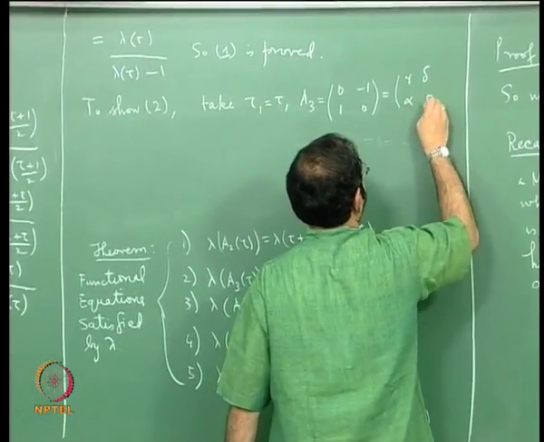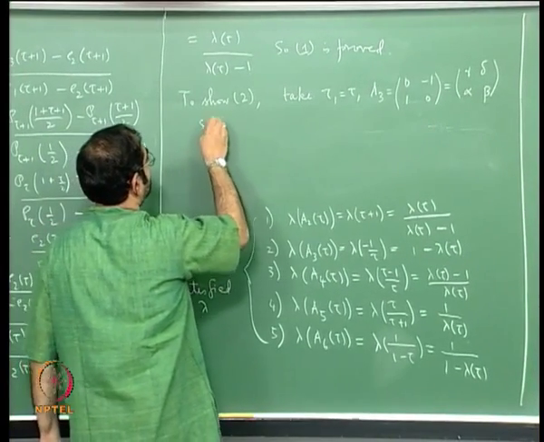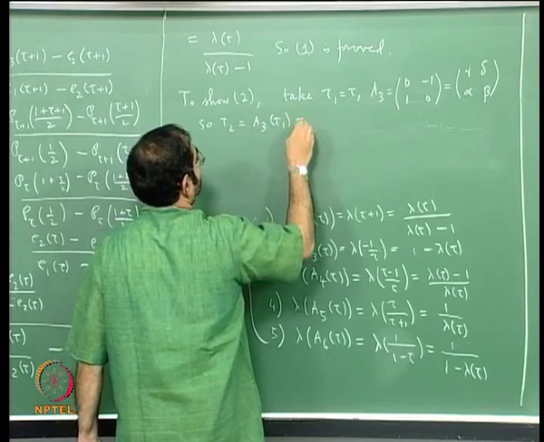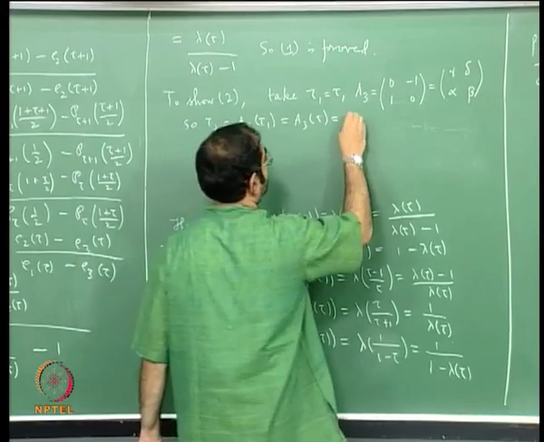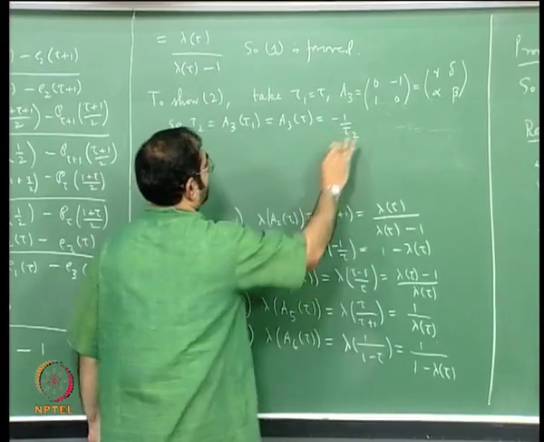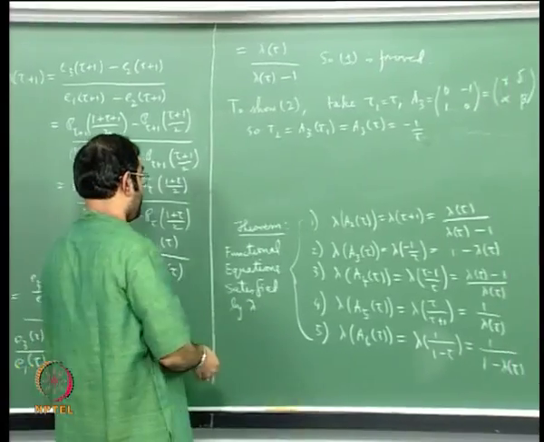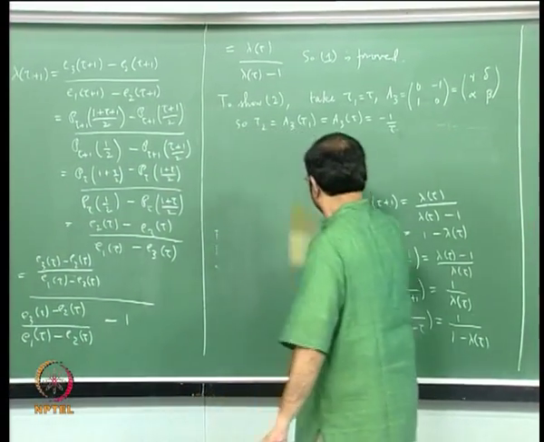And so tau 2 will be just A3 of tau 1, which is A3 of tau, which is minus 1 by tau. So tau 2 is minus 1 by tau, and then you apply. So let me rub this off.